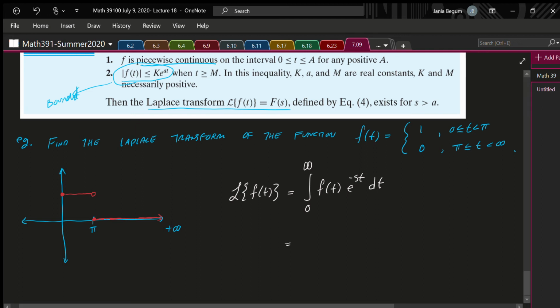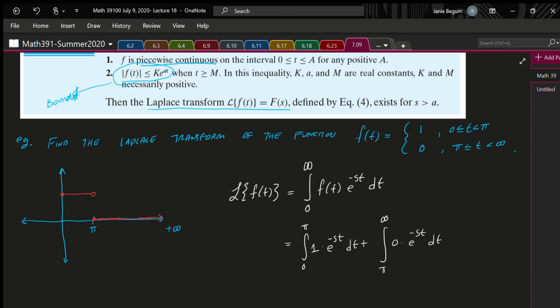On the interval 0 to pi, we have the function 1 times e to the negative st. And on the interval pi to infinity, you have the function 0 times e to the negative st dt. So we can still take the Laplace transform of this graph because it's piecewise continuous and bounded, so it's allowed.